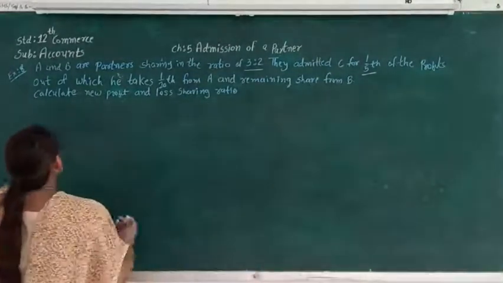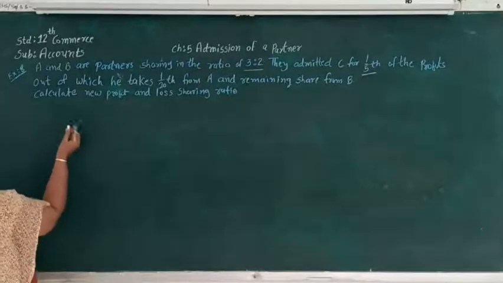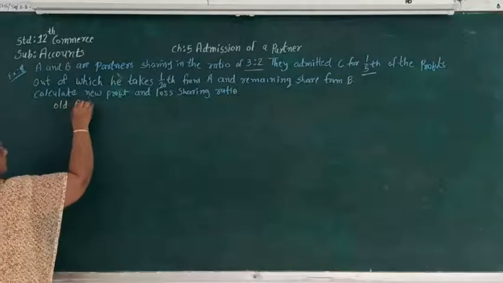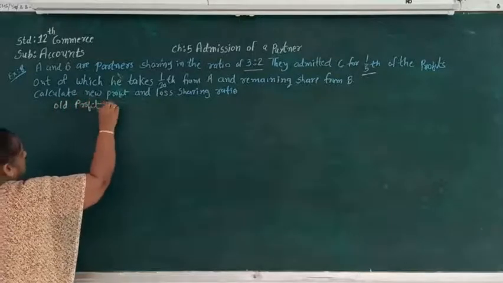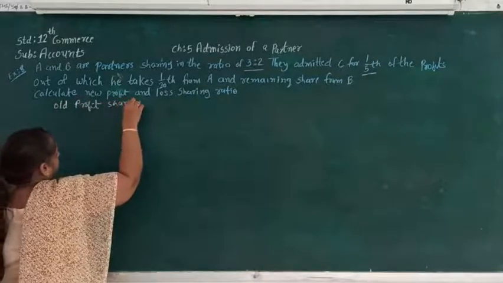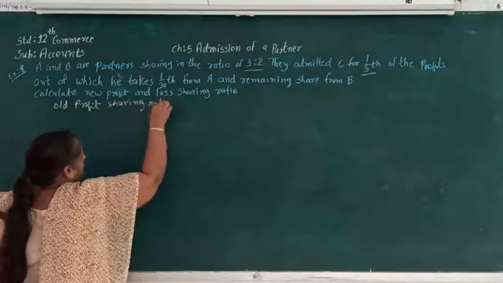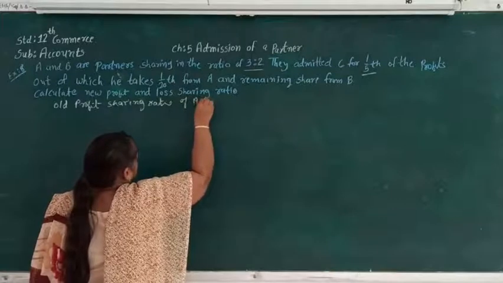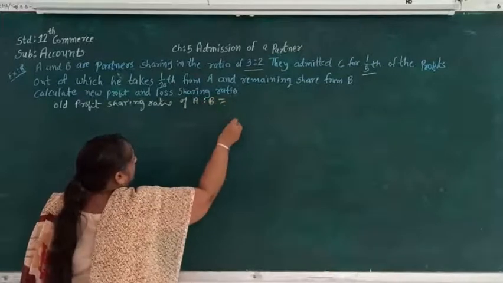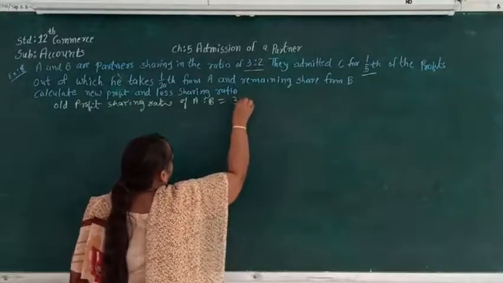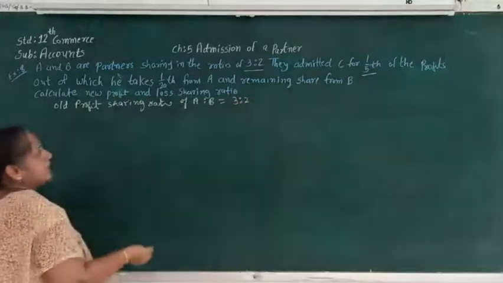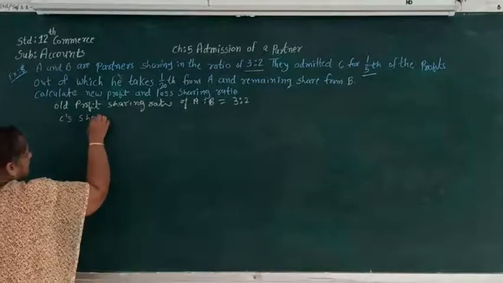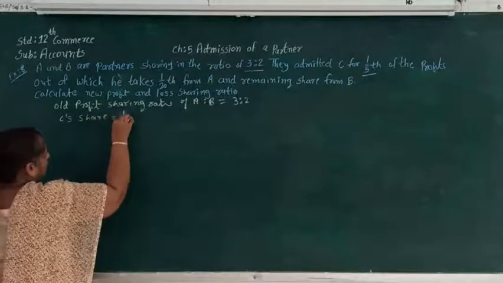So here, very first thing, as we know, the old profit sharing ratio of A and B is equal to 3:2, and C's share is equal to 1/5.